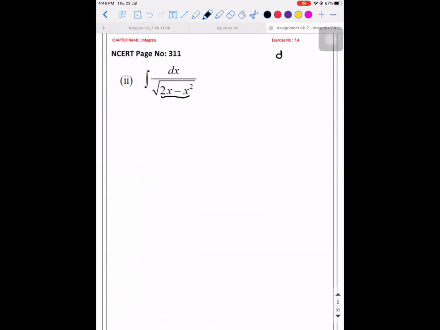If you have dx divided by a second degree polynomial, or dx divided by square root of the second degree polynomial, then to that polynomial you need to follow the method of completing the squares.